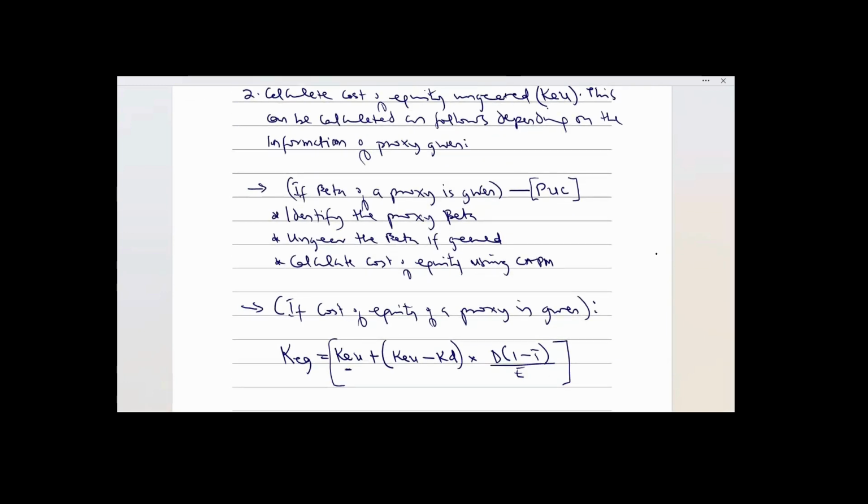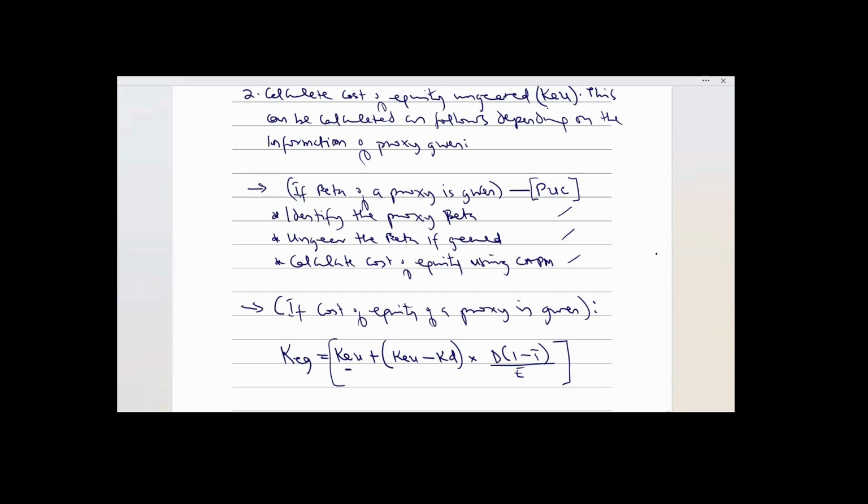Step 1, identify the beta, ungear the beta, then you calculate your cost of equity on gear. So once you get your cost of equity on gear, that will represent your cost of capital, which you are going to use as a discounting rate. So you now use it to discount your net cash flow. Whatever you have thereafter will become your present value. And you know that your base case NPV is the difference between the present value of cash inflow and present value of cash outflow. So it's not different from what you used to know under normal NPV.